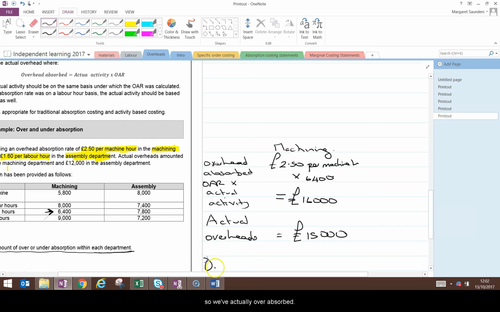So we've actually over absorbed. We've added £16,000 to the material and labour costs to cover overheads, but when the invoices came in, they were only for £15,000. So we've added £1,000 more than we needed to. So we've over absorbed by £1,000.